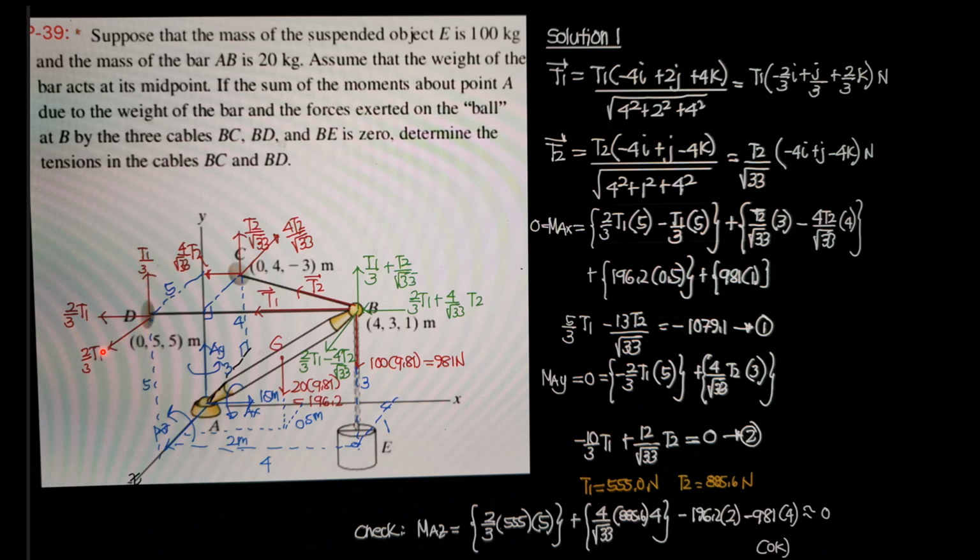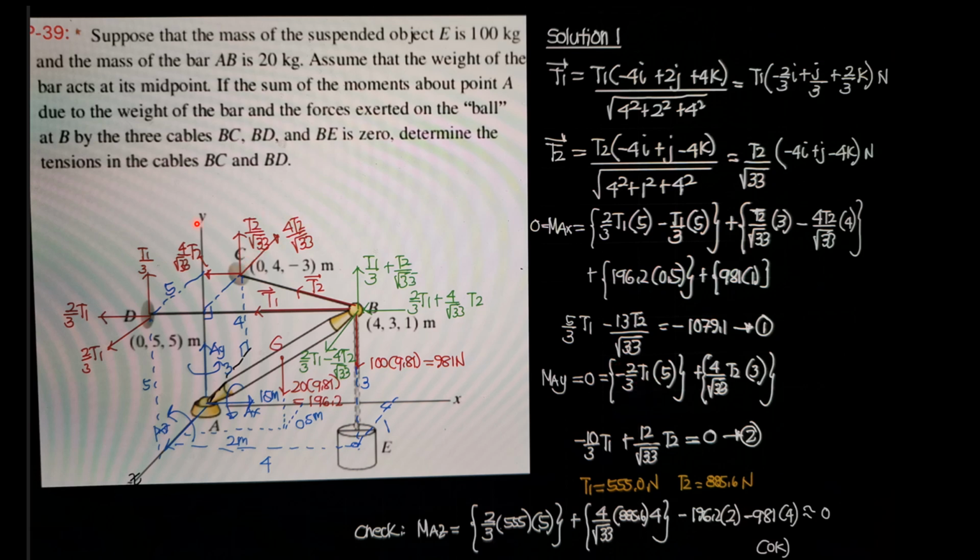The z component of T1, when extended, crosses the y-axis. Remember, D is on the YZ plane, therefore this direction parallel to the YZ plane will cross the y-axis, so it's a zero moment. So only 2/3 of T1 has moment about the y-axis, and however that's negative. Negative 2/3 T1 times 5.